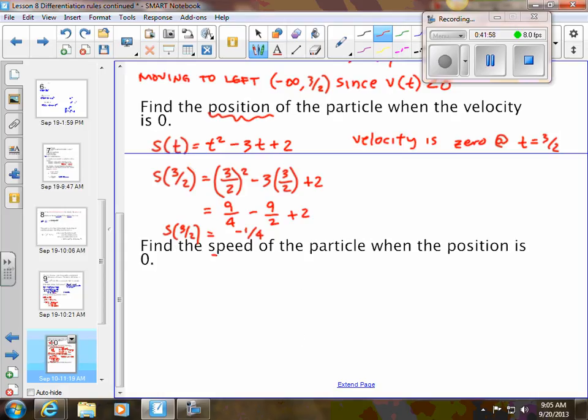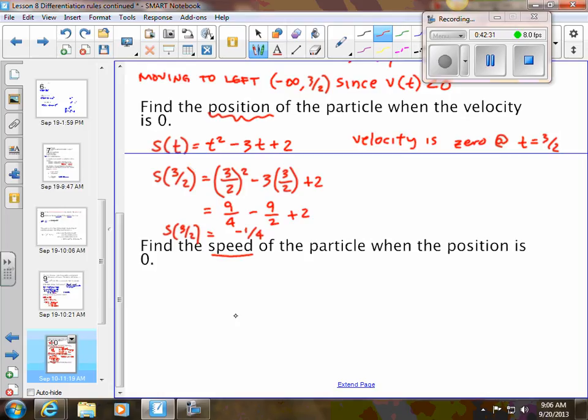Find the speed of the particle when the position is 0. Speed. If you're in your car and you're going forward, your odometer says 20 miles per hour. You're going 20 miles per hour. That's your speed. What if you're going in reverse and it says 20 miles per hour?